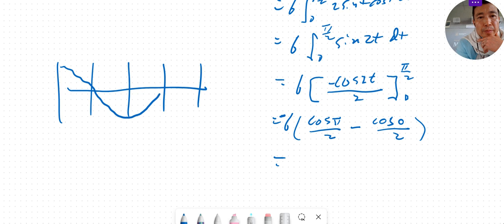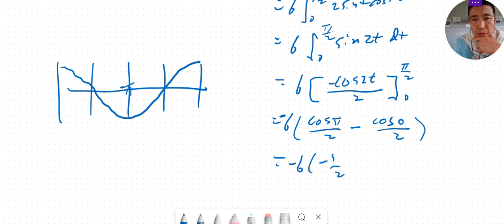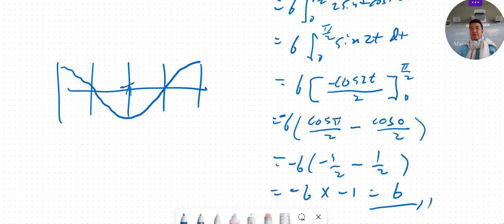If I draw them, cosine pi is minus 1. So minus 6 times minus 1 over 2, and cosine 0 is 1, so minus a half. Minus 6 times minus 1, which is 6. Should be the answer. So it turns out the perimeter is 6.